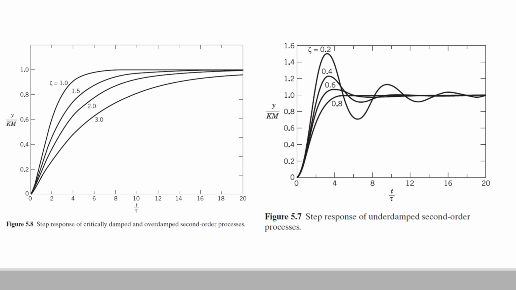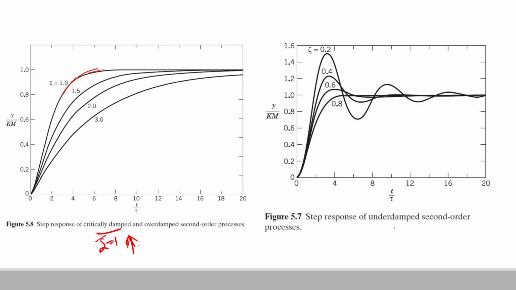Now we are looking at the plots for the critically damped, overdamped and underdamped systems based on different values of zeta. For a critically damped system, that is zeta equal to 1, we already discussed the response will be such a plot. Whereas if we keep on increasing the value of zeta, that is the damping coefficient, the response will become more and more sluggish.